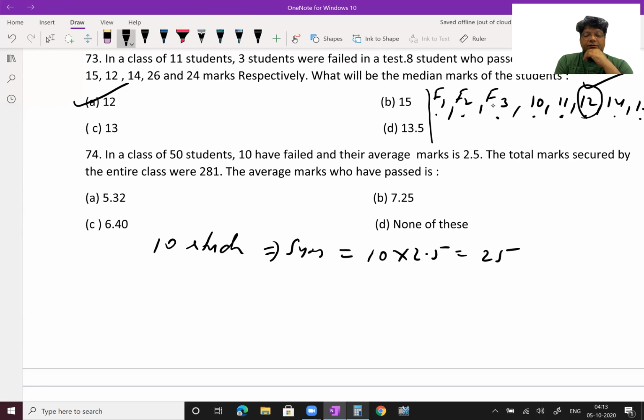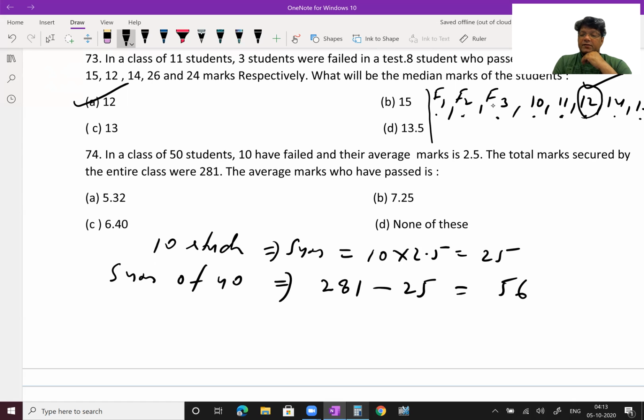So guys, sum total of 40 students, how you calculate? Total 50 students sum 281 minus those who failed, their sum is 25. 281 minus 25 is 256.